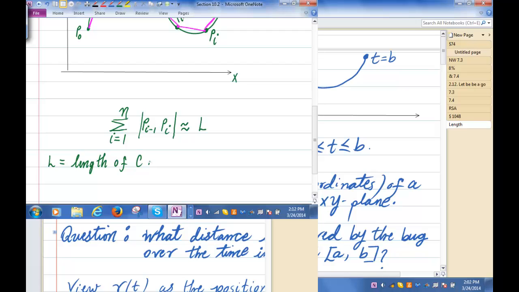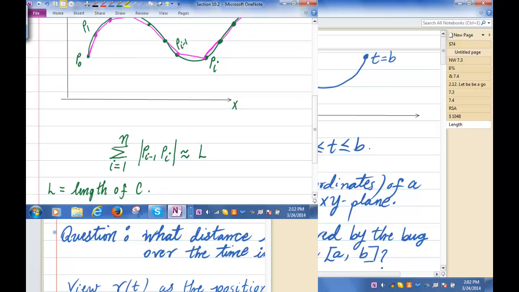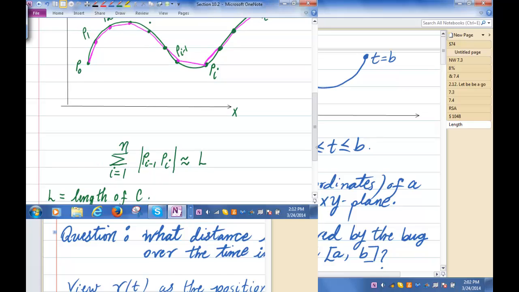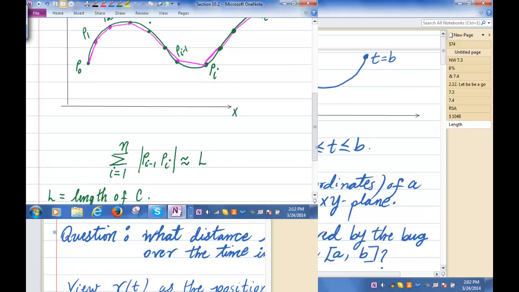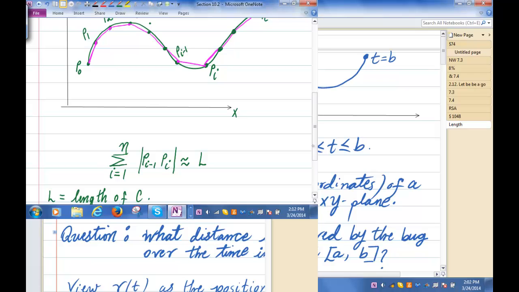Everybody is okay with that? So that's one way you would approximate the length of the curve. And of course, how would I define the length of C then? I see that the bigger n is, the better approximation I get, right? Because I will be dividing into smaller and smaller line segments, picking more and more points, so my approximations will get better and better.